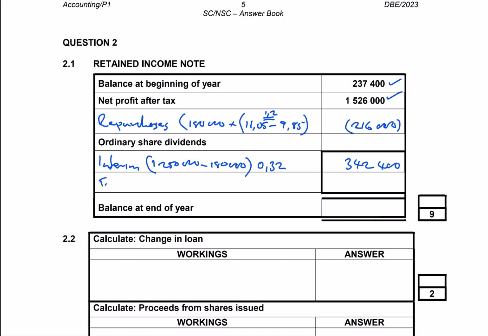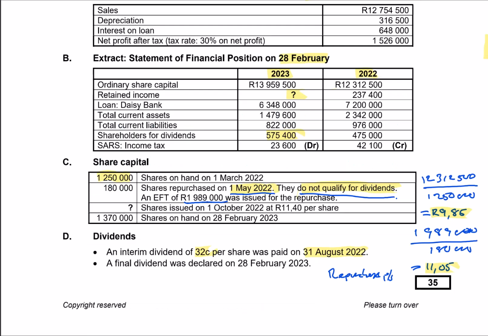Then the final dividend. For the final, they just told you a final dividend was declared on 28 February 2023. So the final dividend will be the closing shareholders for dividends, because that will be the balance outstanding for shareholders for dividend. Remember, the final dividend is declared after the end of the financial period, so it will be paid in the next financial period.